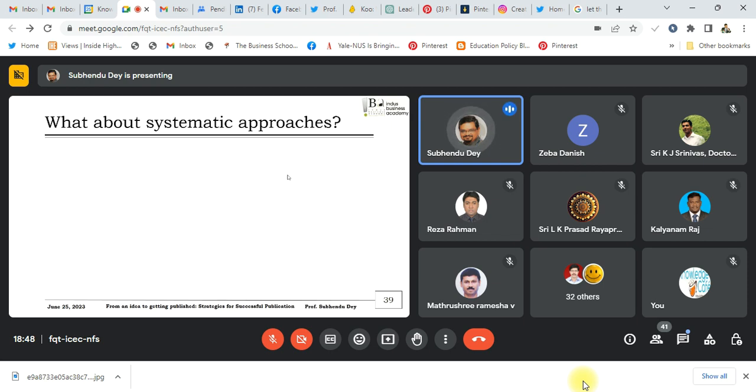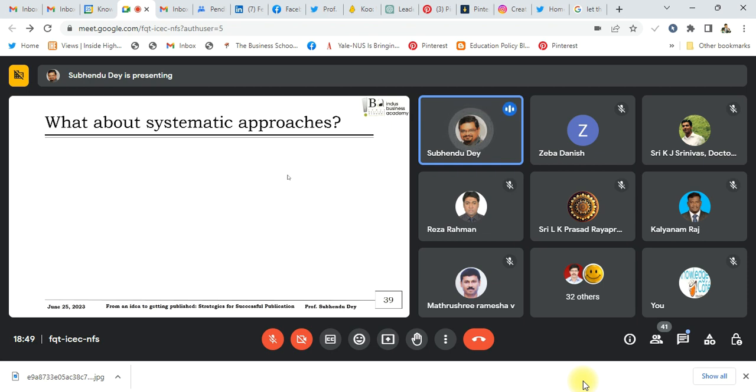Something which I've been talking about since yesterday, that there is a contradictory view which will come up if you look at any view that has been proposed. So, if we look at the traditional narrative form, we find a different view in the form of systematic approaches.